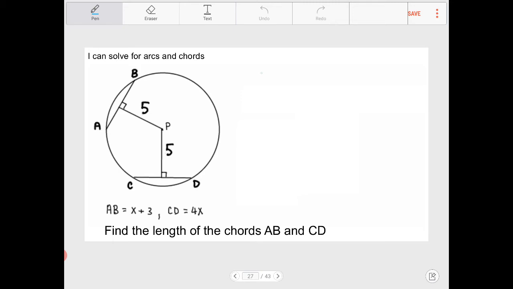Therefore, x plus 3 will equal 4x. Subtract x from both sides, we end up with 3 is equal to 3x. Divide by 3, x will equal 1. If x is equal to 1, I can then figure out what AB is. AB is equal to 1 plus 3, which is 4, and CD is also equal to 4.